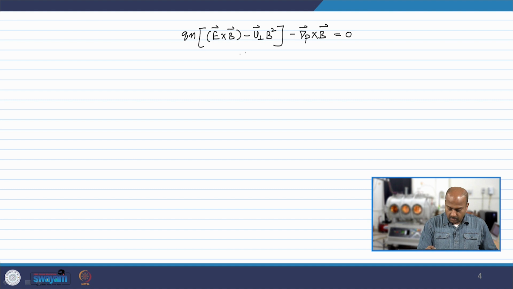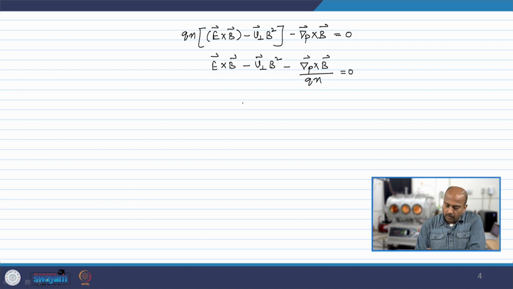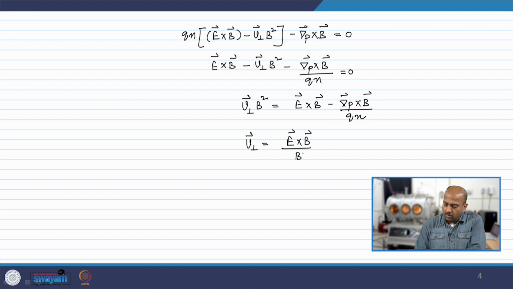We can write this as E cross B minus v perpendicular B square minus del P cross B by q n is equal to 0, or v perpendicular B square is equal to E cross B minus del P cross B by q n, or v perpendicular is equal to E cross B by B square minus del P cross B by q n B square.